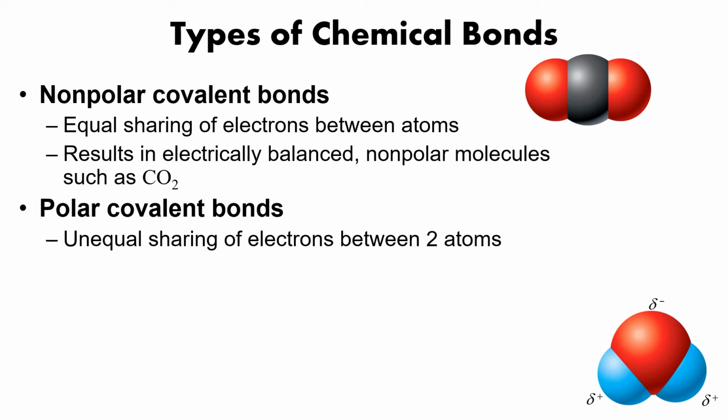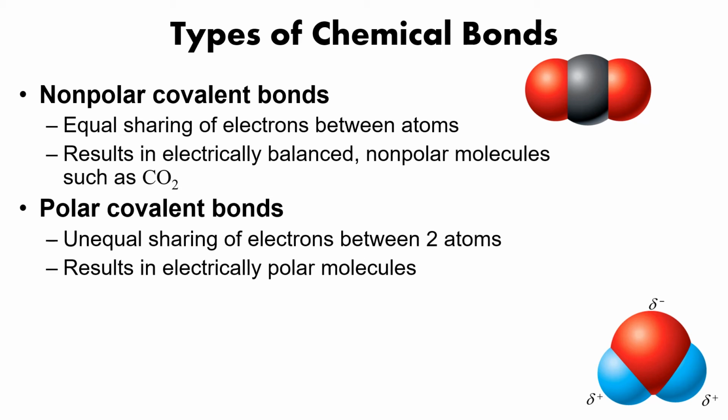In this situation, you have one atom that is bigger and stronger and is going to pull harder on that electron, and it pulls it towards itself, which makes it slightly negative. Okay, because again, if you have something that's pulling a negative towards its body, it's going to become slightly negative.